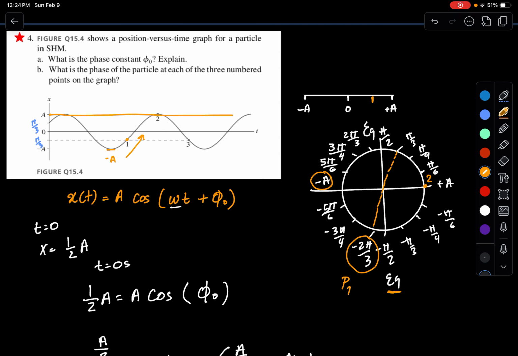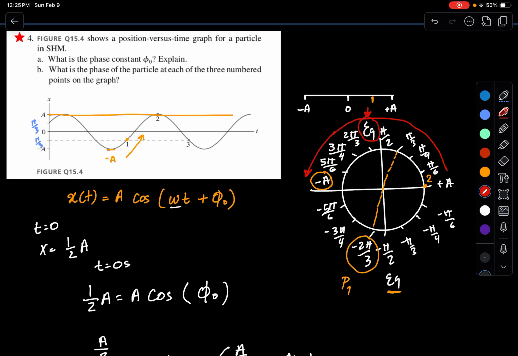Let's do point 3 now. Point 3, we just left the positive amplitude, we passed by the positive equilibrium here, and we are moving to the negative amplitude. We are on our way to the negative amplitude.